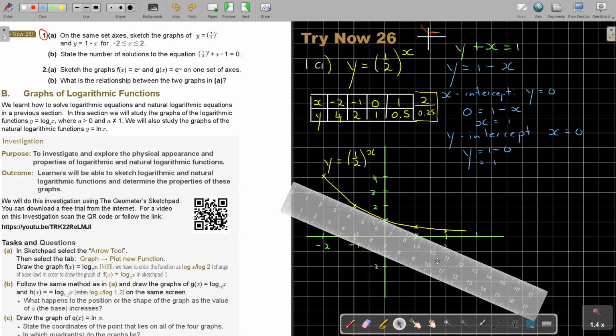I must just make sure, because my yellow line is not cutting so nicely there. Let's just move it a little bit. Then I take my blue one.